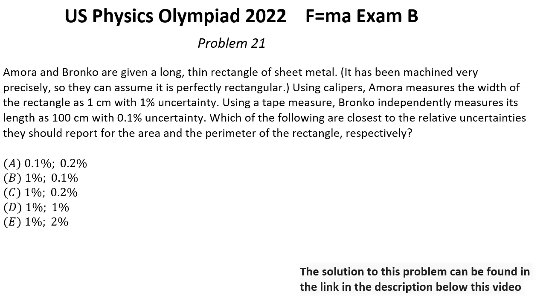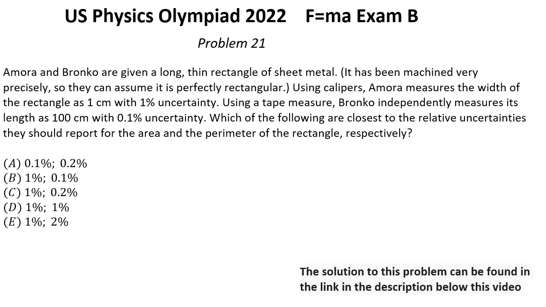Problem number 21. Amora and Bronco are given a long, thin rectangle of sheet metal. It has been machined very precisely, so they can assume it is perfectly rectangular. Using calipers, Amora measures the width of the rectangle as 1 cm with a 1% uncertainty.